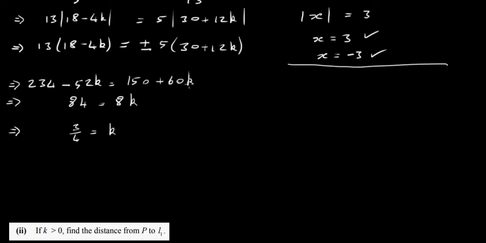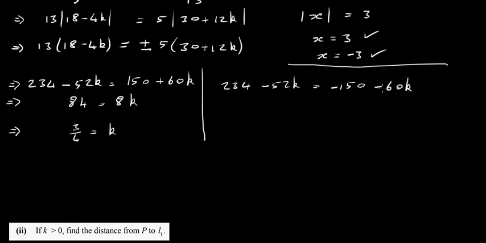Let's look at the other one now. So I've got 234 again, if I multiply this out, minus 52k. Now I'm going to take the minus version of this, so it's minus 5 times 30, so that's going to give me minus 150, and then minus 60k here as well.